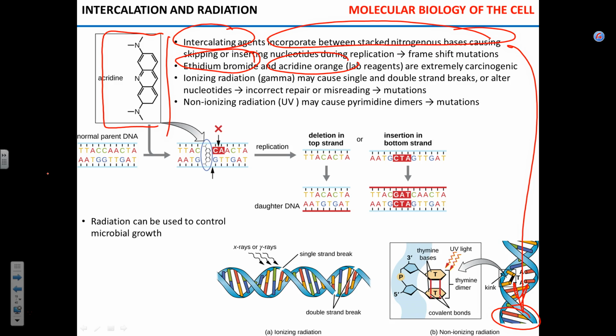There were cases when people handled it several times without gloves, and they got skin cancer, and they had to get treated. It's really not a pleasant thing. Acridin orange is the stain that is sometimes used to visualize structures in the mammalian cell, especially DNA. You can see orange dots of DNA under the microscope. Really helps.